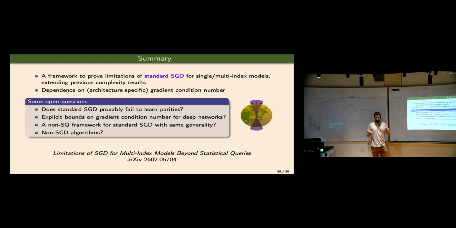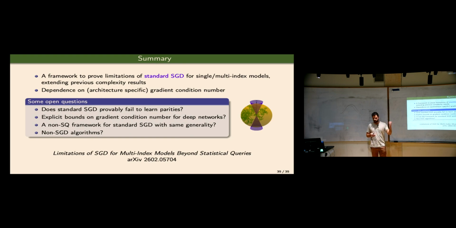But there are still a lot of open questions. The concrete theorems that we were able to show at the end don't exactly hold for parities, because with parities the structure of the expected loss and its gradient is very tricky. It's combinatorial. So can you actually show rigorous lower bounds for things like parities?